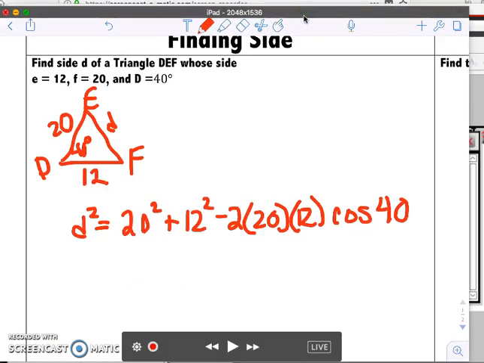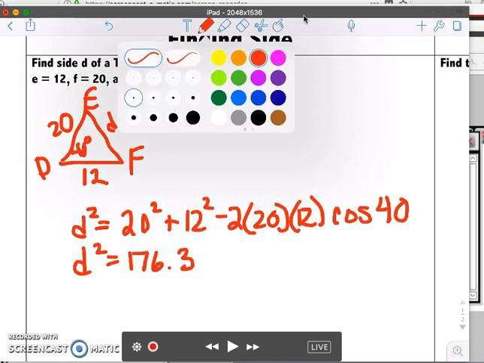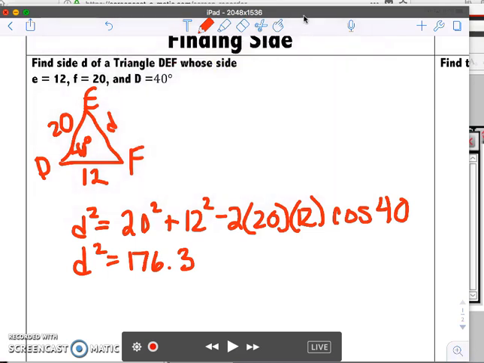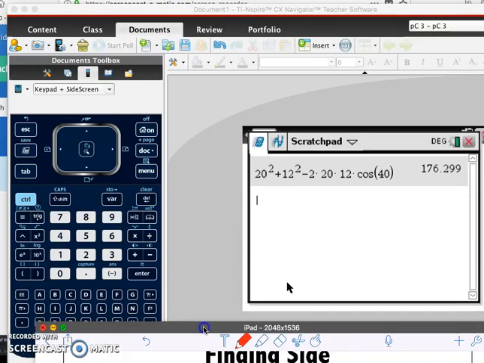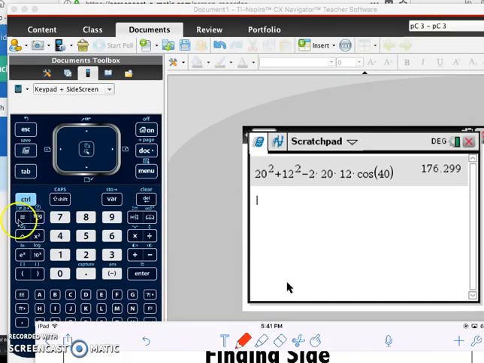So if we go back to this, we have d squared equals 176.3. And how do you find just d then? Well, we have to take the square root. So if we go back to our calculator here, the square root, whoops, that's not the square root.